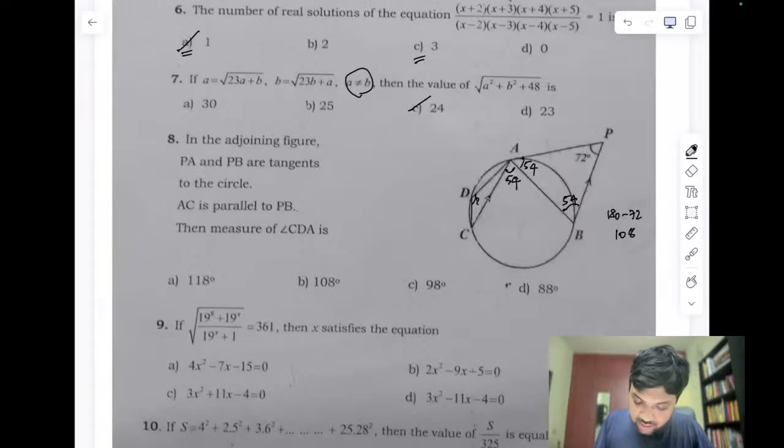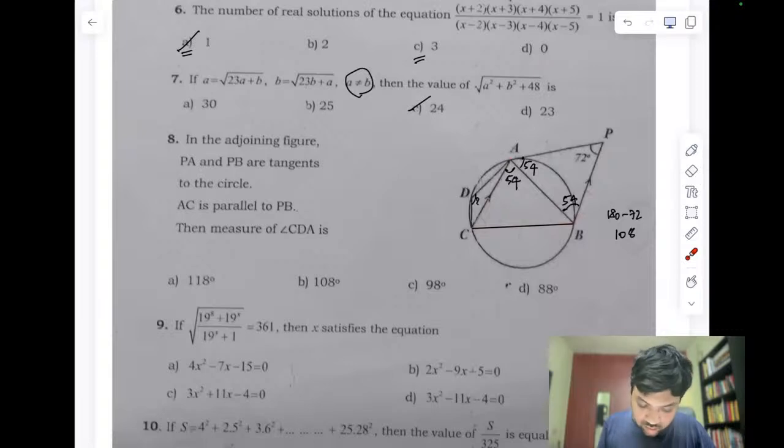Correct. What is the measure of angle CDA? You can join this, and this angle and this angle are supplementary to each other, and you can calculate what this angle is. 72.